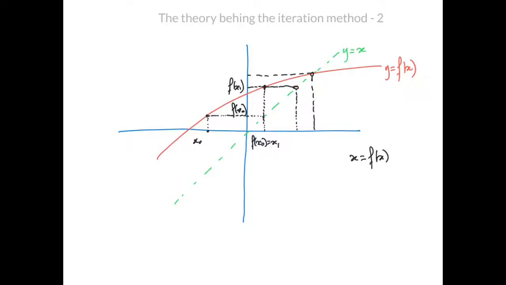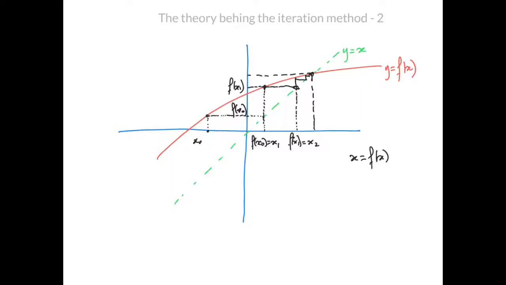So here, you know that you have f of x1 that you are going to call x2. And little by little, you're just going to repeat this process, and you will see that this point gets projected on the red curve, then on the green line, on the red curve, on the green line, etc., if you just keep on applying the function f to the different numbers that you find.